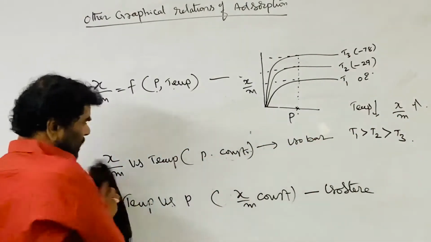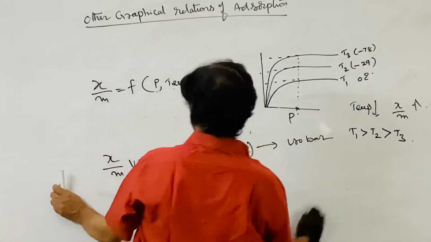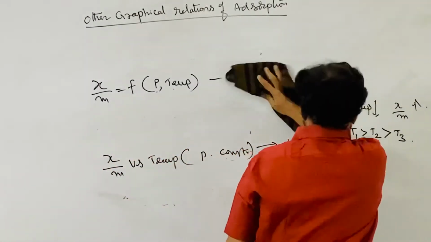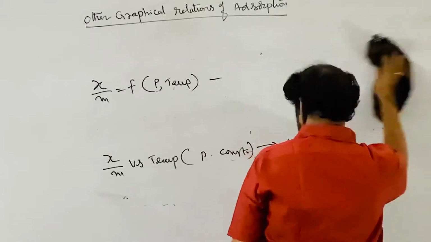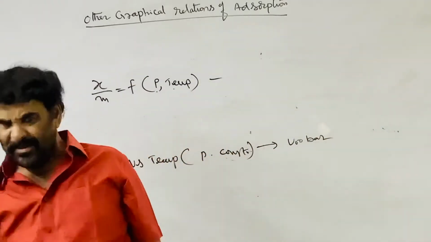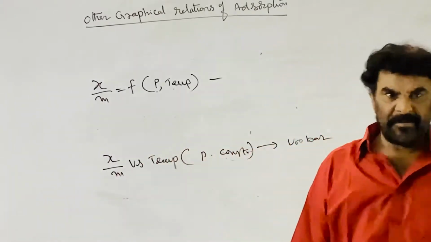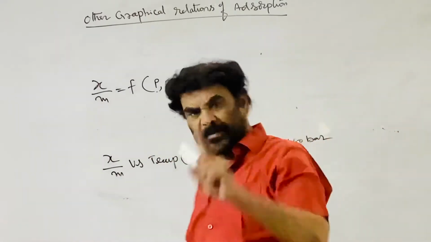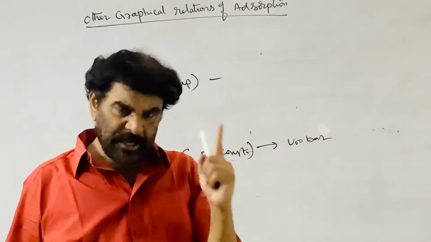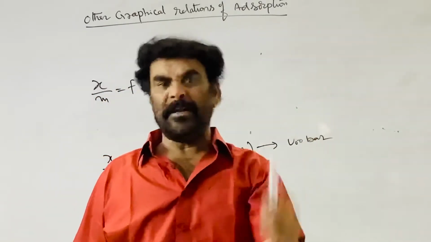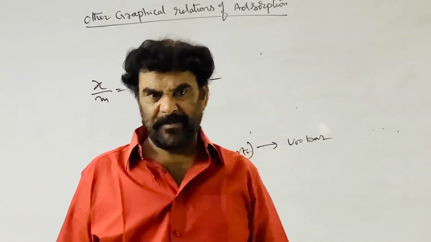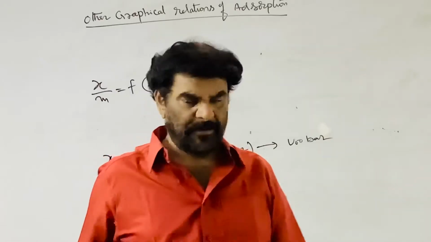The next one is the isobar. What is called the adsorption isobar? Here pressure is kept constant. We are determining the relation between the extent of adsorption and temperature at a fixed pressure.